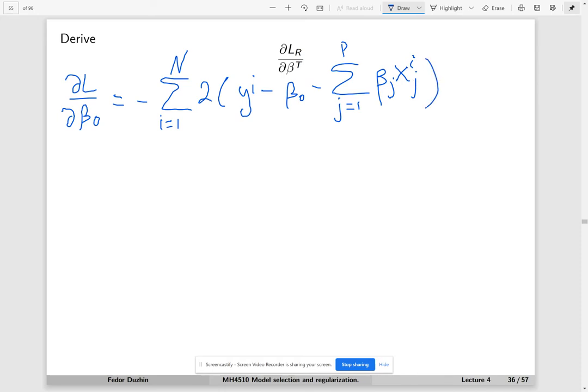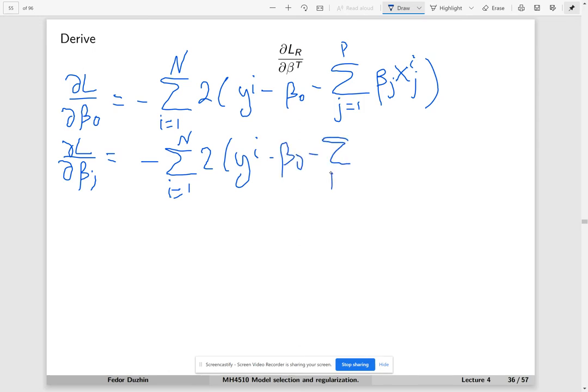Okay, so how about the derivative with respect to some other beta j? Basically, we're going to have the same term as here, the sum from 1 to n of 2 times y_i minus beta 0 minus the sum from j equals 1 to p of beta j x_ij. But now it is going to be multiplied by x_ij, right?